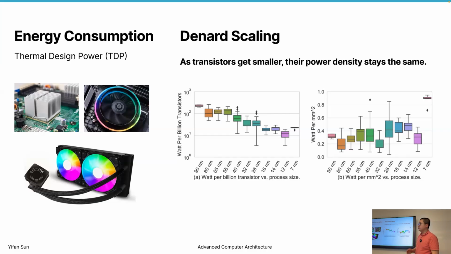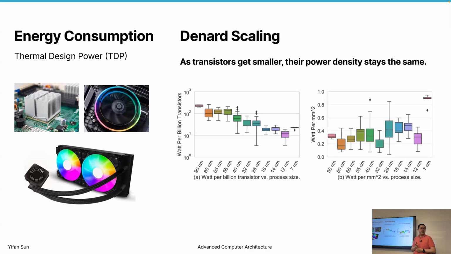But when Dennard scaling was first introduced, it was supposed to be a device-level metric. That means no matter what we do, we don't need special technology. The chip we build will consume that amount of energy. Today, if we really do that, Dennard scaling will not hold, because we have something called the dark silicon effect.